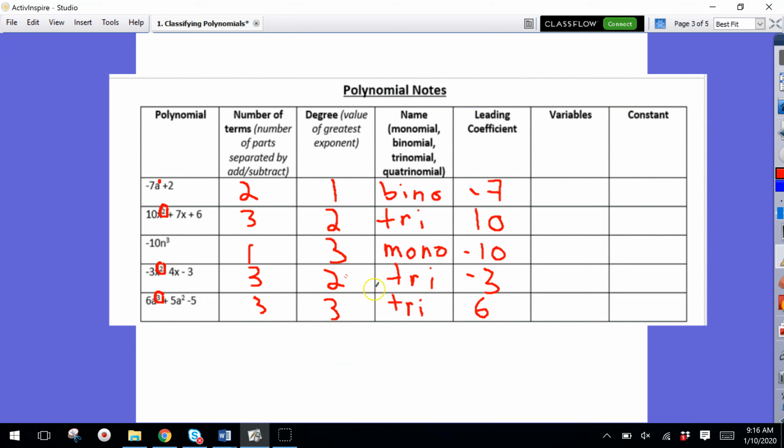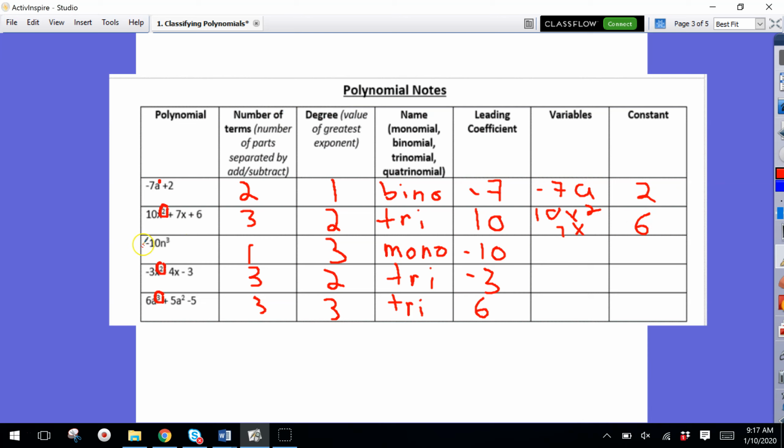Okay, so now with variables, we're just talking about, well, what are the variables here? So we want to separate variables and constants. Constants are just numbers, right? They don't have a variable with it. And variables are the other things that have the letters. So in this polynomial, I would say negative 7a is a variable and 2 is a constant. In this polynomial, 10x squared and 7x are variables, and 6 is a constant.